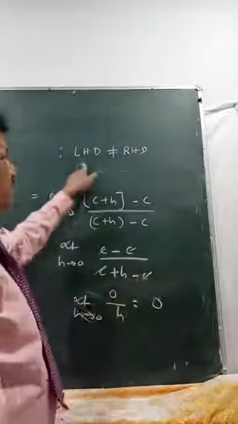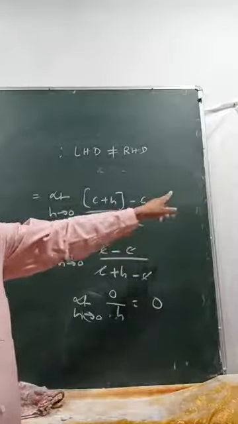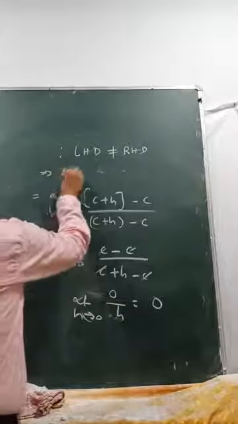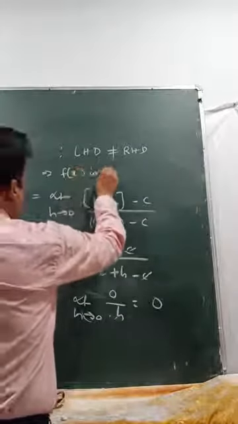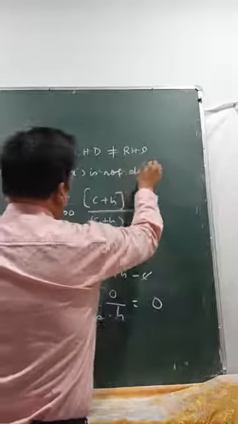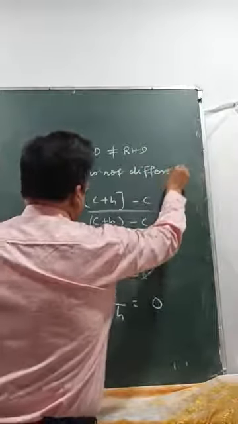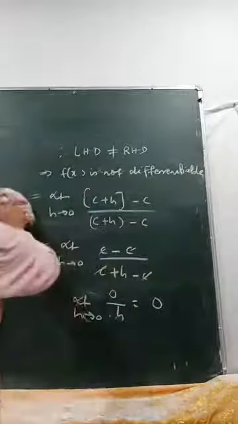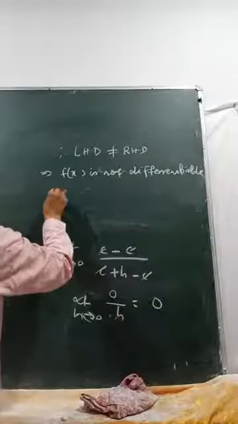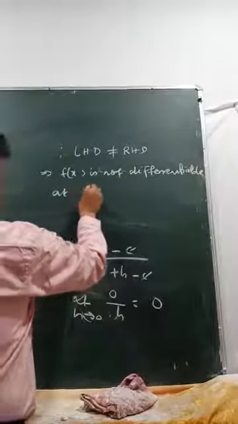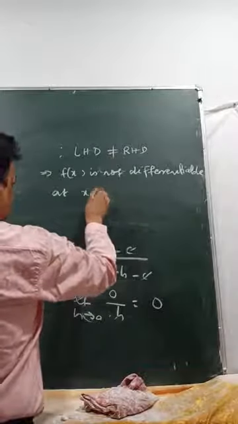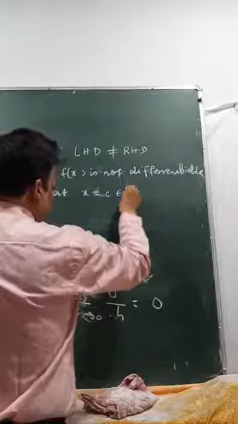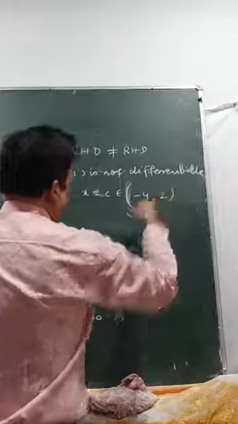Left hand derivative is not equal to right hand derivative, because f(x) is not differentiable at x equals c, which belongs to (-2, 2).